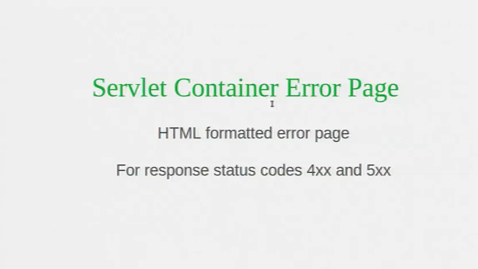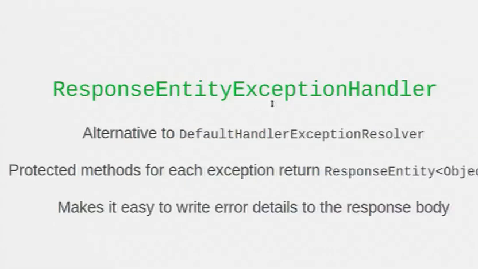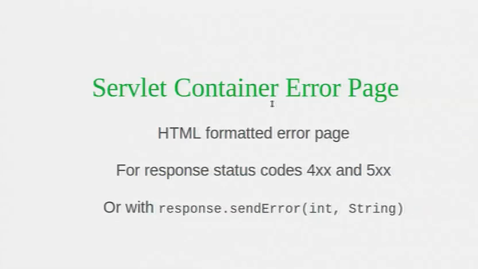Also, if you set the status to any of these 400 or 500 error codes, such as when you say response.sendError. This is really the only mechanism in the Servlet API. You just have to do sendError, or you have to set the status code. And if it's to one of the 400 or 500 errors, what you're going to get back is actually the HTML formatted page.